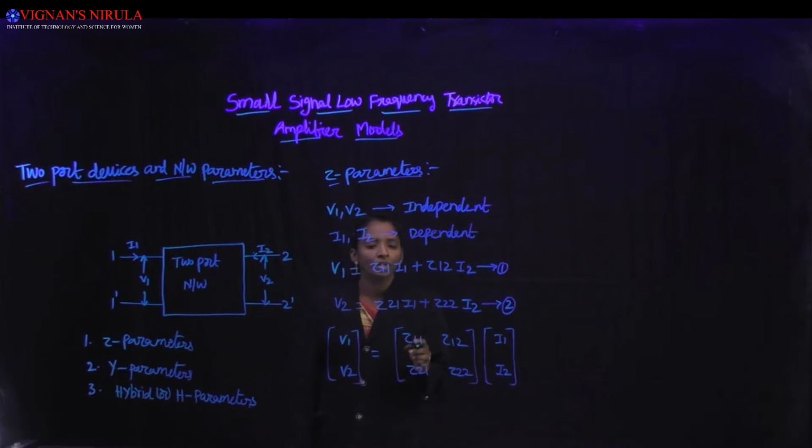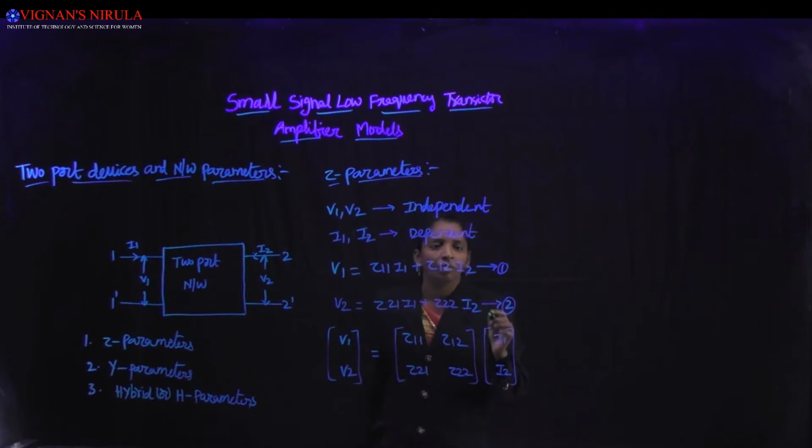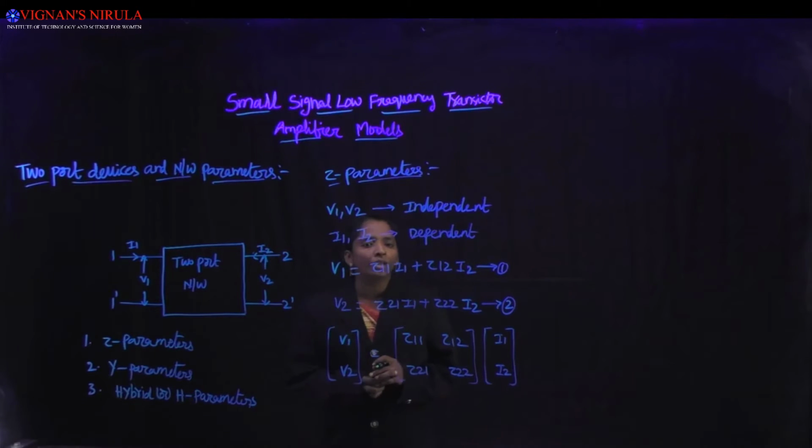To calculate Z11, I2 should be 0. How can you get I2 value 0? By open circuiting the output port. If you open the output port, then the output current I2 will be 0. Here the output current is I2.